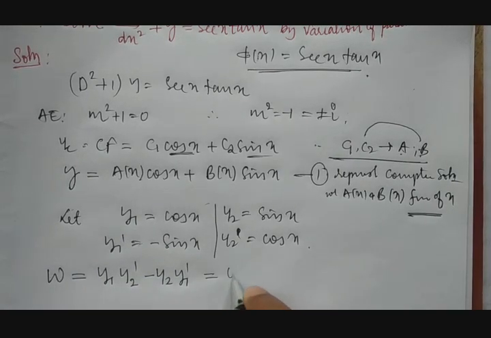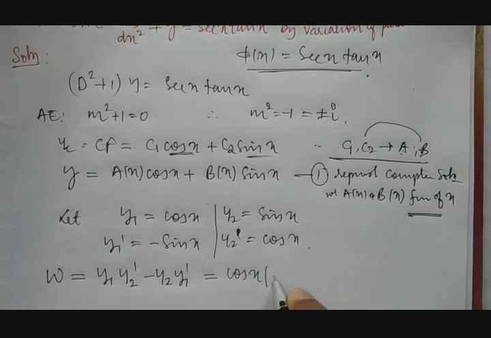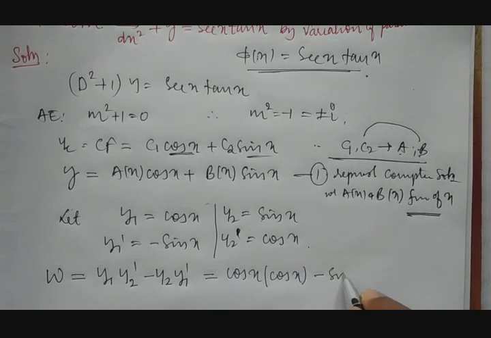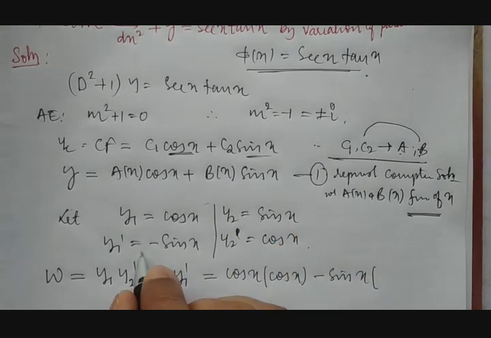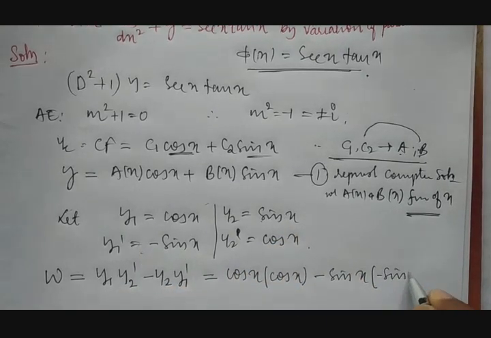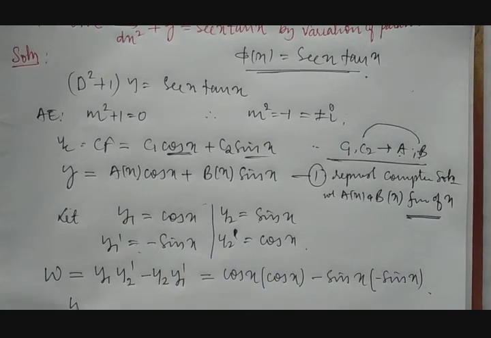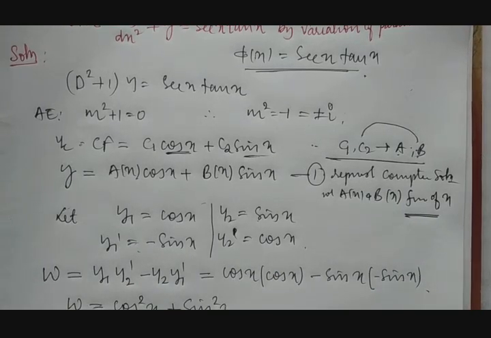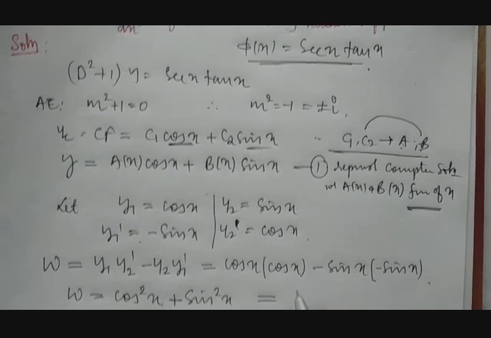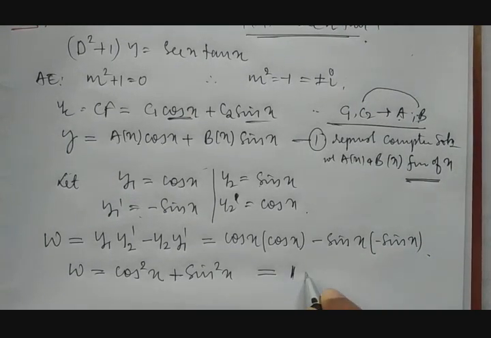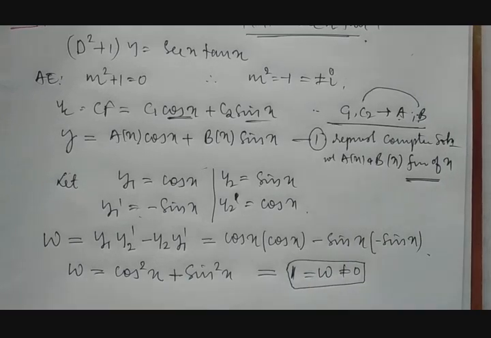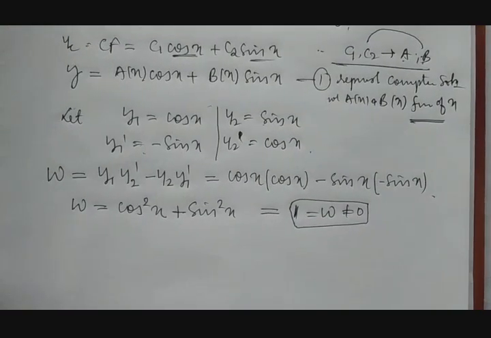Therefore y1 is cos x into y2 dash is cos x, minus y2 is sin x into y1 dash is minus sin x. Therefore W is equal to cos x into cos x is cos square x, minus of minus, plus sin square x, and we know that sin square plus cos square is equal to 1, that is W, and it is not equal to 0, which is very much required.